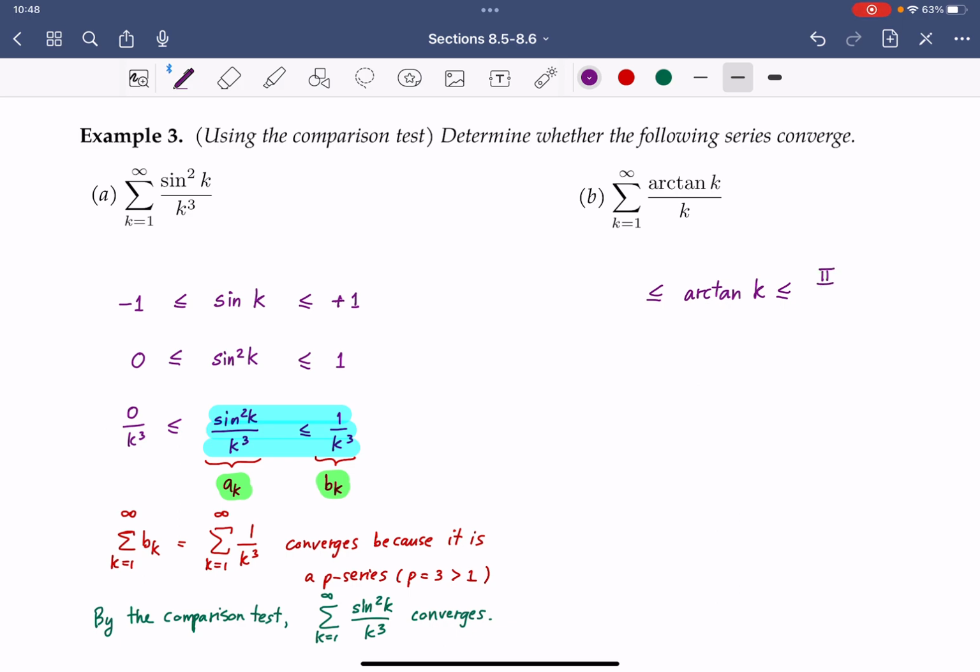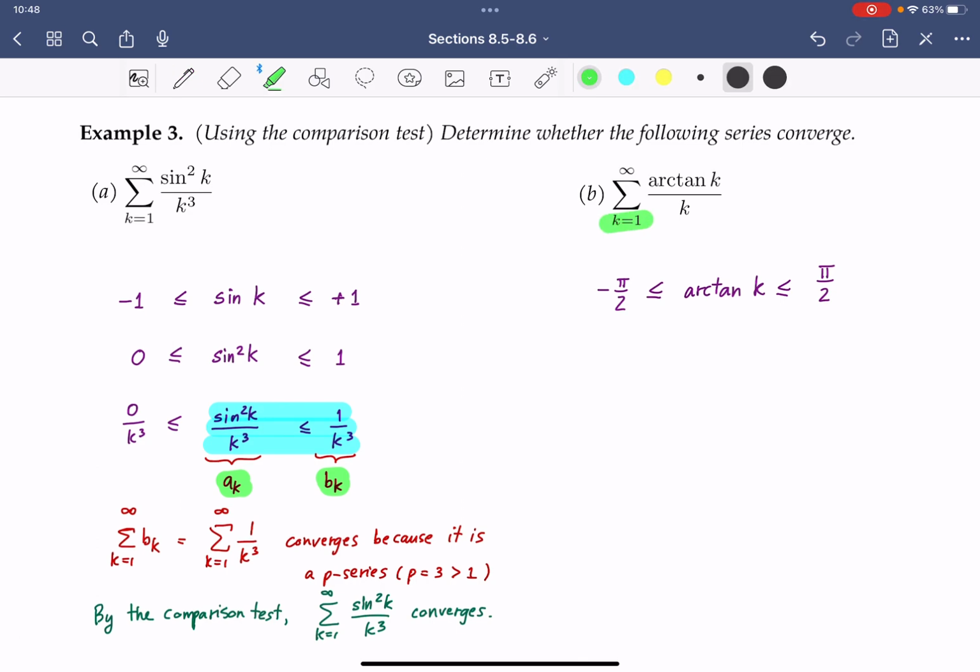Yeah, pi over 2 on the top, and here it's negative pi over 2, right? This is for all K. But now you start from K equal to 1. Can you make the bound smaller if K starts from 1? What is arctan 1? It's pi over 4, right?